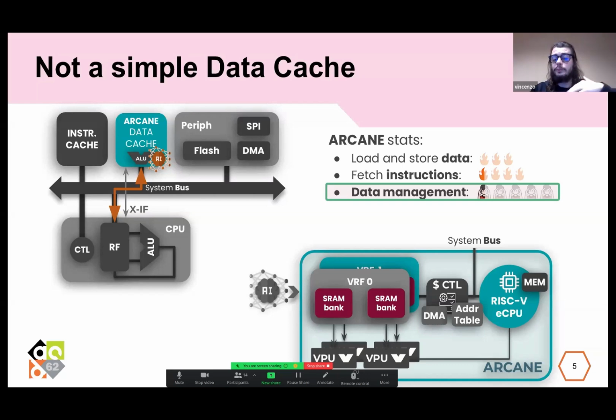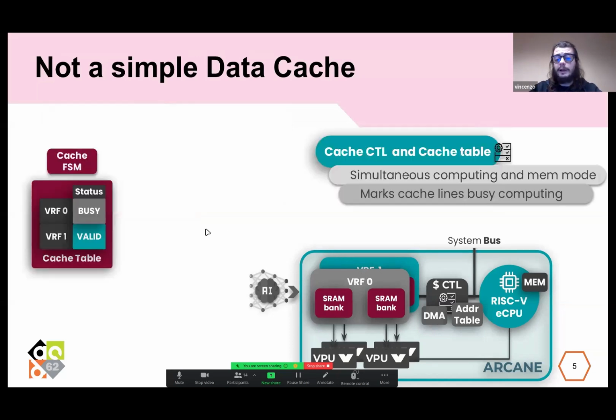So all the vector registers will be used to compute the matrix multiplication. Whereas the vector register files that were not chosen for computation are actually operating as a standard data cache. And so you see the ones that are blue, they are not being used at this time for running the matrix computation. And so this is what's happening under the hood.